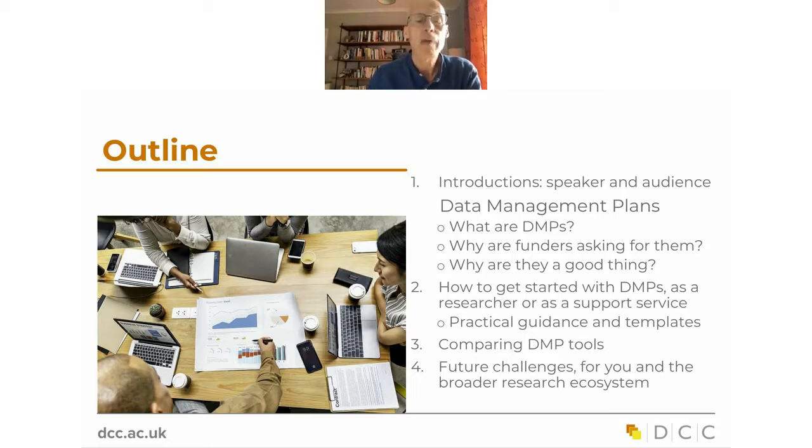About half of the presentation is concerning these first points, and then some practical guidance on how to get started with data management plans, whether you're a researcher or a provider of professional support to researchers. And I'll then talk very briefly about data management planning tools that can help with this and some of the future challenges around this as we get on to discussion.